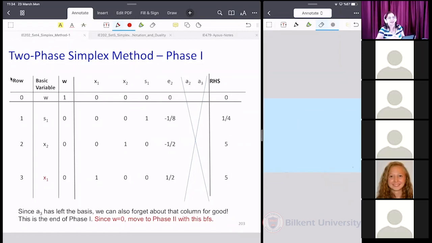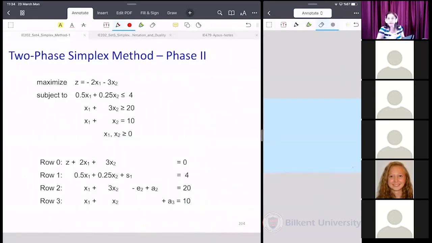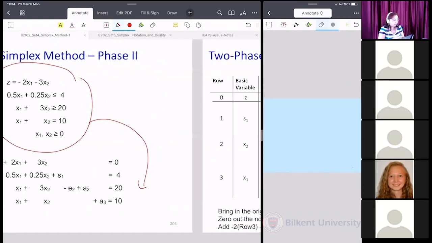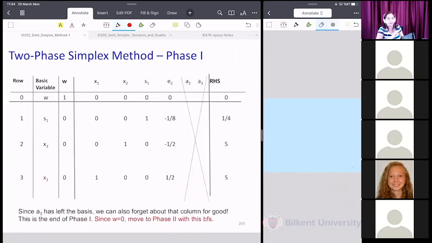All right, let's go on then. So remember, this was our original problem. We converted that to here. Our phase 1 stopped, saying that phase 1 is optimal.